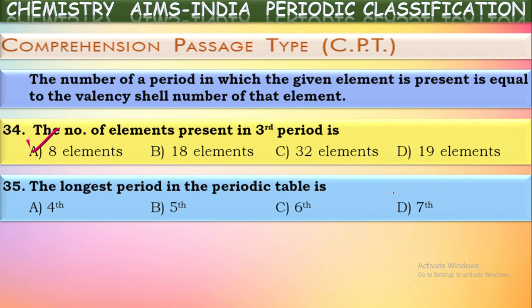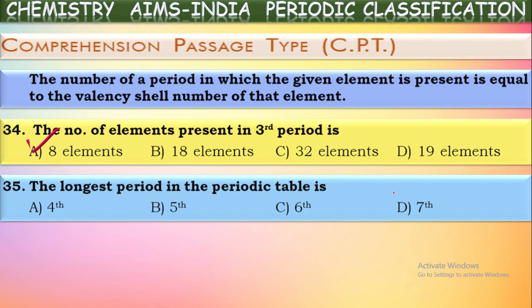We told the second and third periods have 8 elements, so they are short periods. Next, the fourth and fifth periods contain 18 elements each. So they are called long periods. Next, the sixth and seventh periods contain 32 elements. That's why they are called the longest periods or very long periods.